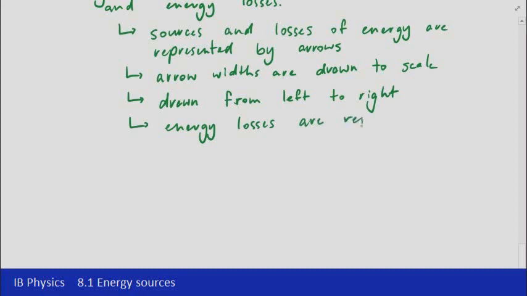Energy losses are represented by arrows that either go up or down. The ones that you'll tend to see in the textbook and in past exam questions tend to be represented pointing down, but just be aware that they could be represented pointing up as well.